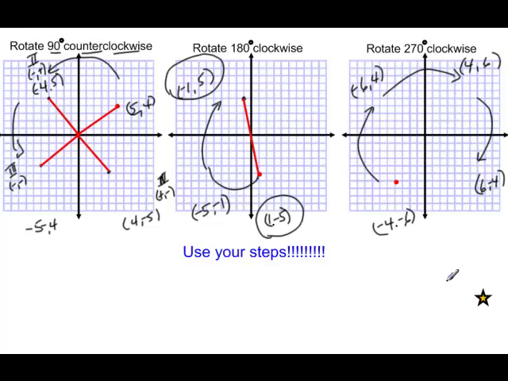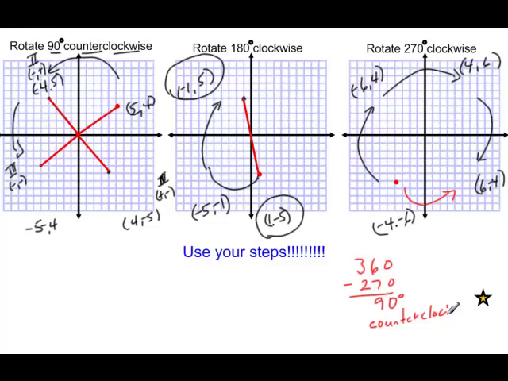Can you see a better way to do that? I do. Instead of going 3 spots around, how about I just go back 1 that direction? So 360 degrees clockwise, if I were to subtract 270, it's the same as going 90 degrees counterclockwise.